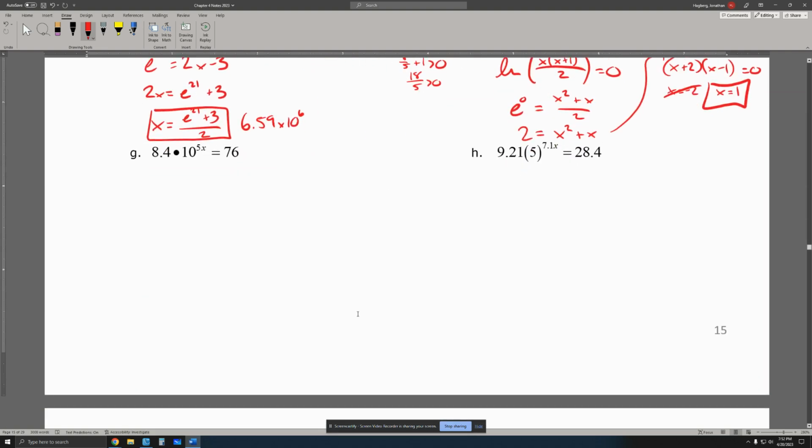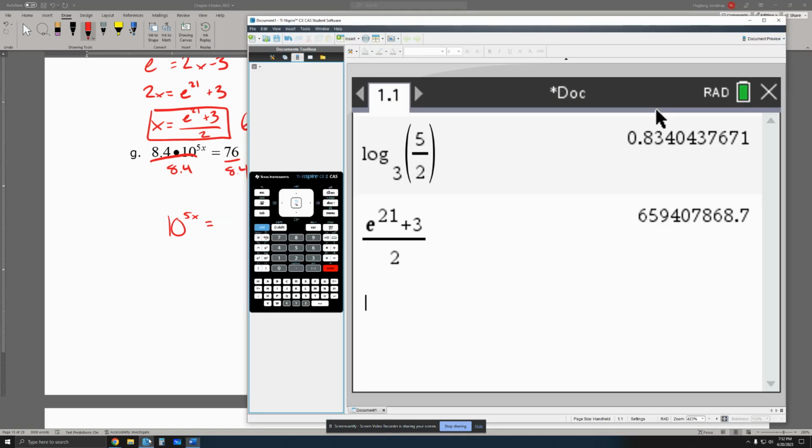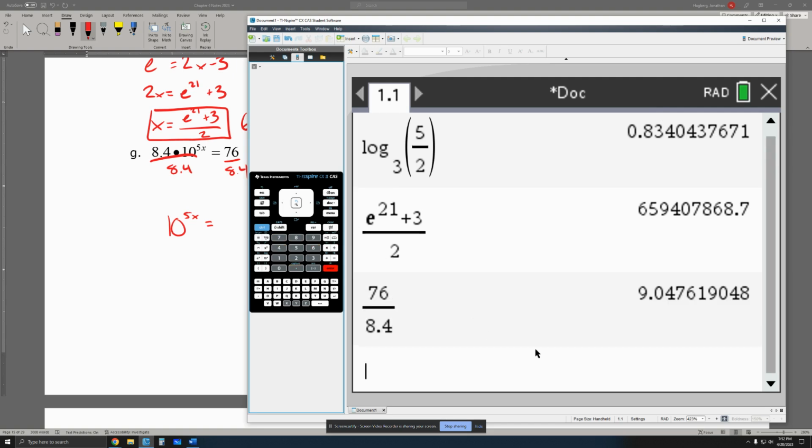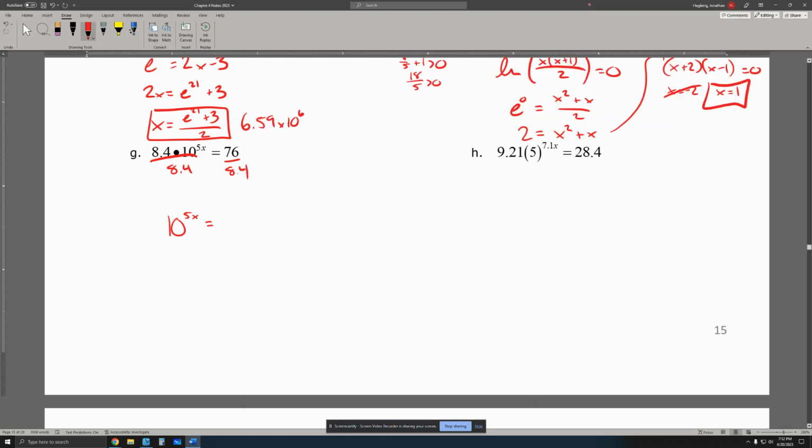Letter G. 8.4 times 10 to the 5x equals 76. So dividing both sides by 8.4, we get 10 to the 5x is equal to, let's see, 76 divided by 8.4 is about 9.048. Okay.